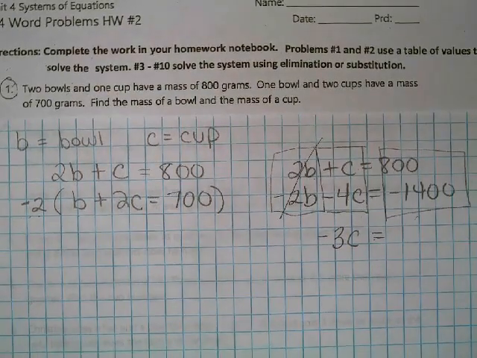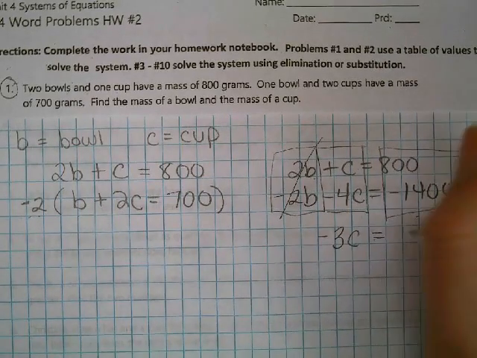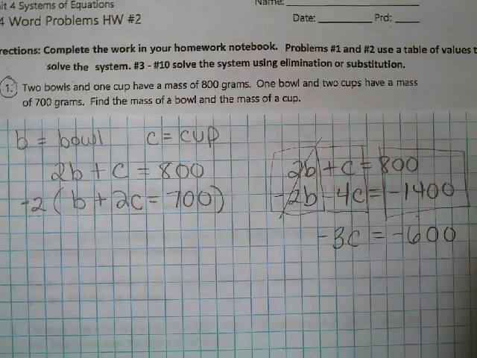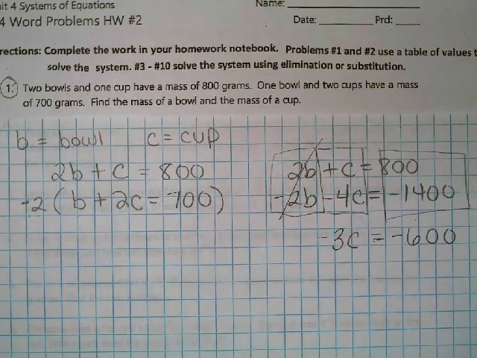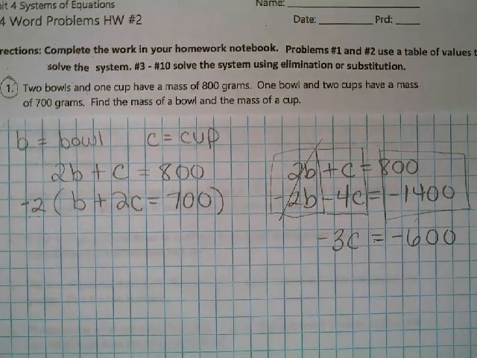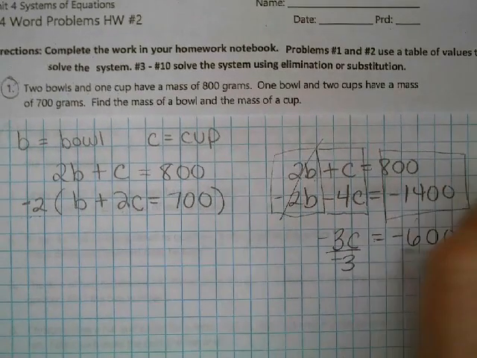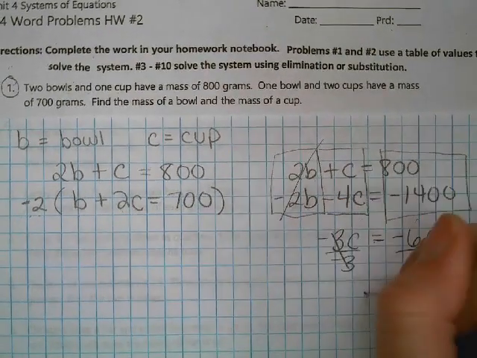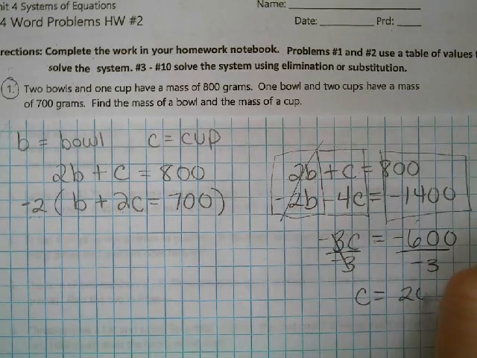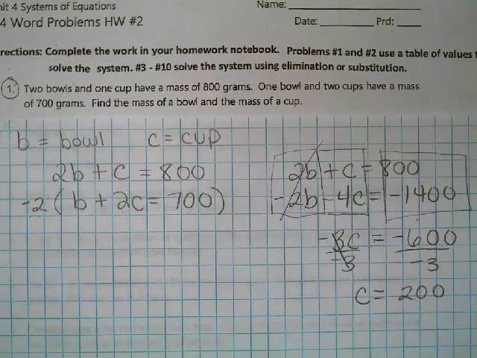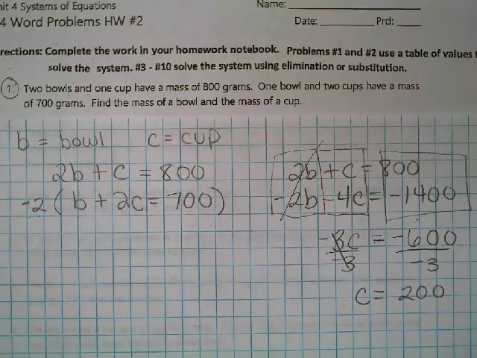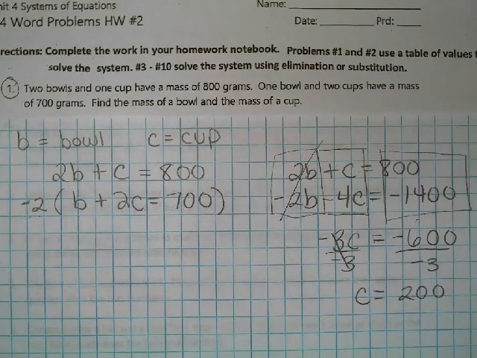Then 800 plus -1400 is -600. So now I have an equation, -3C equals -600. If I divide both sides by -3, then I have C, which is the mass of a cup, is 200 grams.